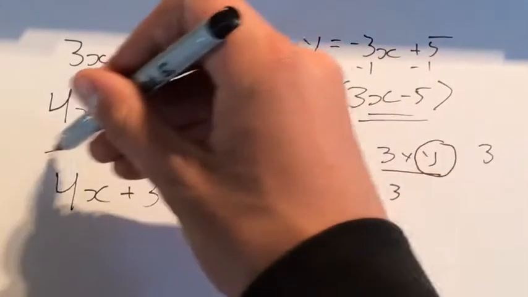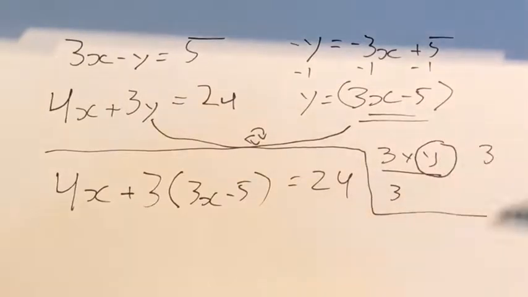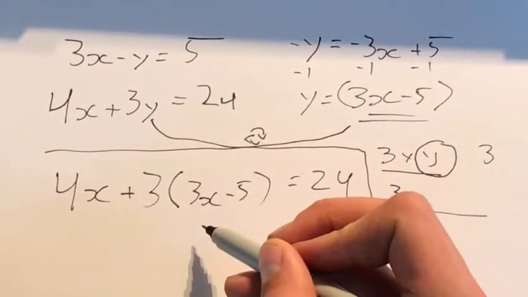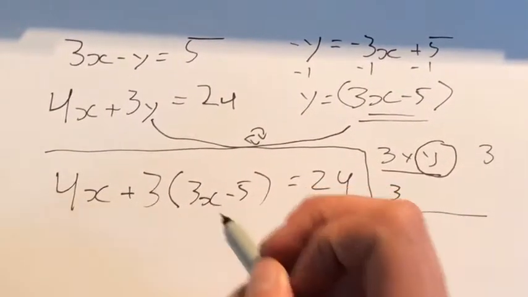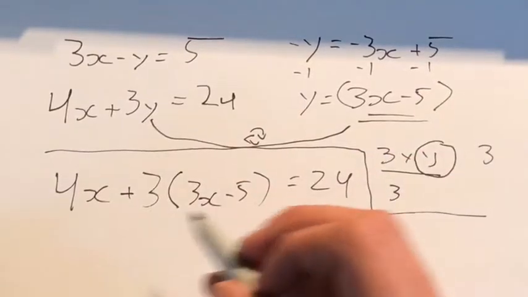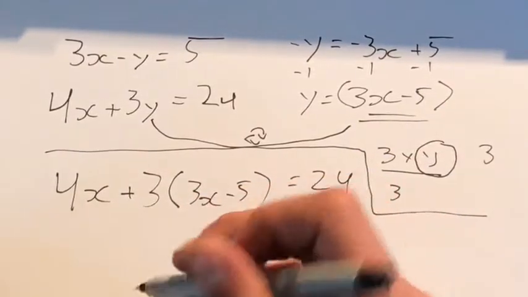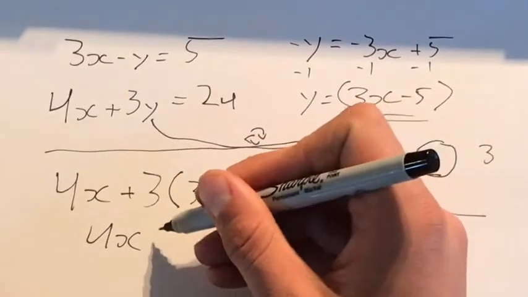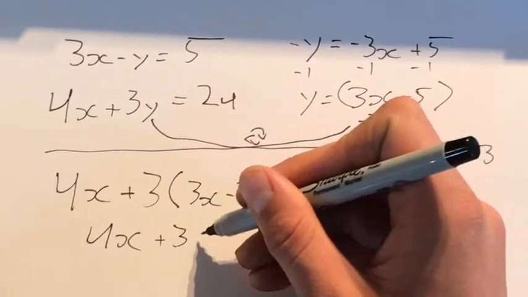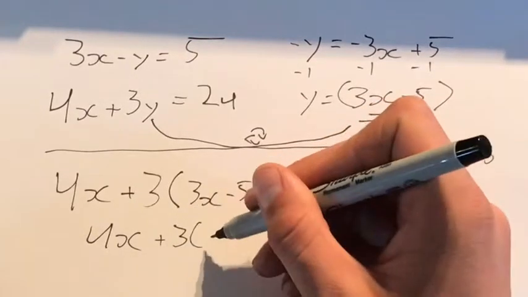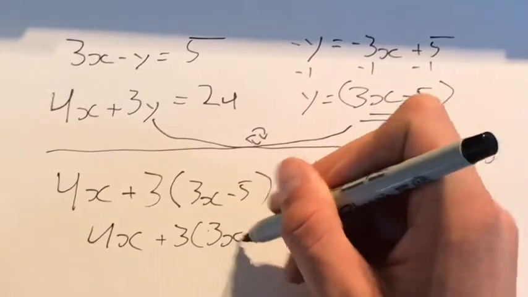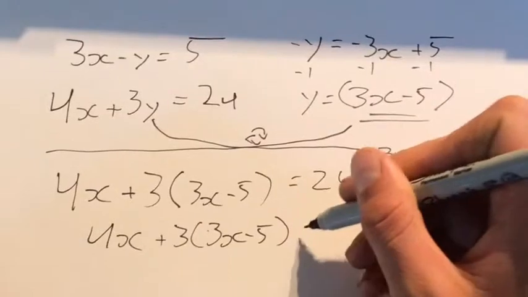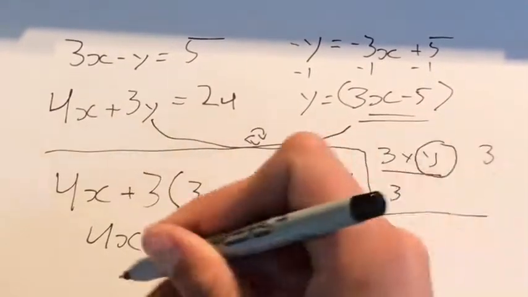So anyway, kind of boxing that off. Here is our equation. We have plugged this in. So in this case, we have to use the distributive property to distribute 4x plus 3 times in parentheses 3x minus 5 equals 24.